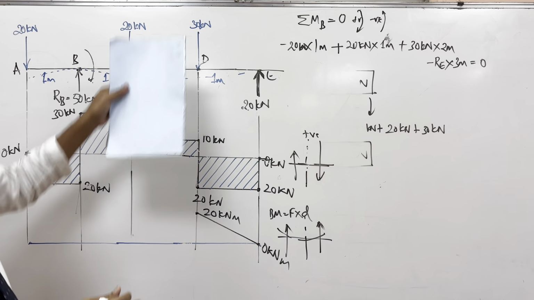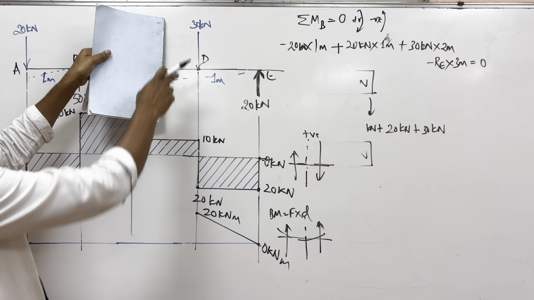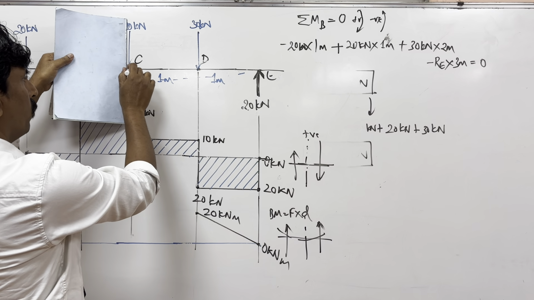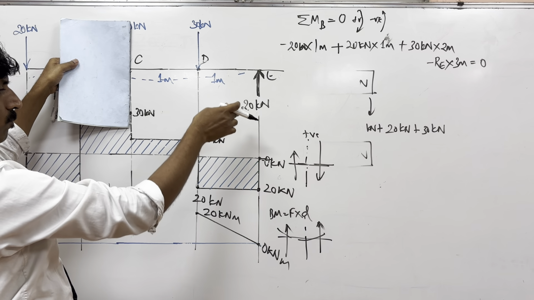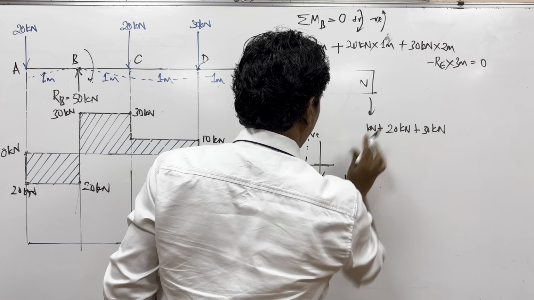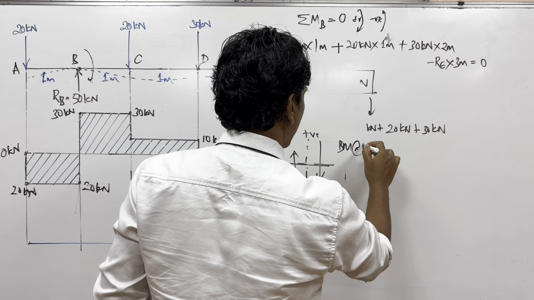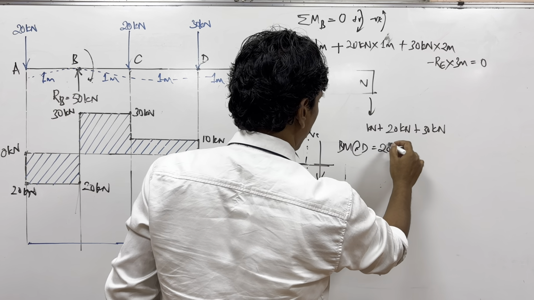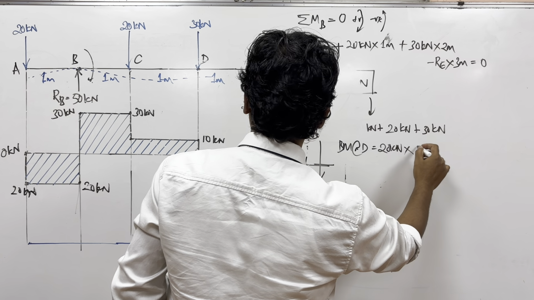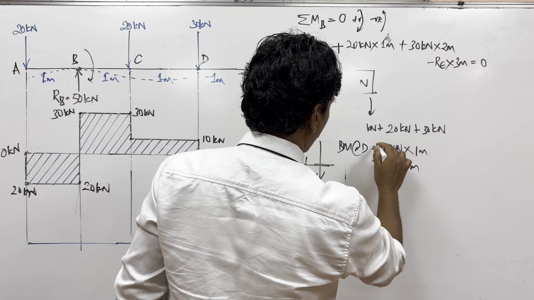Okay. Now as you go further here, you get these two forces added, 30 and 20. And when you come to this point, you will see two forces, 20 into 2. So let me write here. Of course, bending moment at D was easy. That is 20 kilonewton into 1 meter, which was actually 20 kilonewton meter, which was positive.